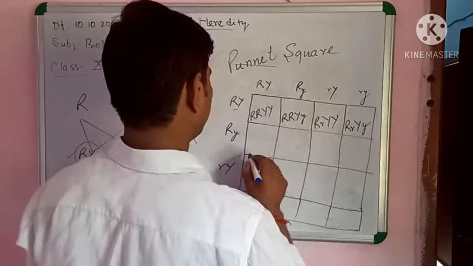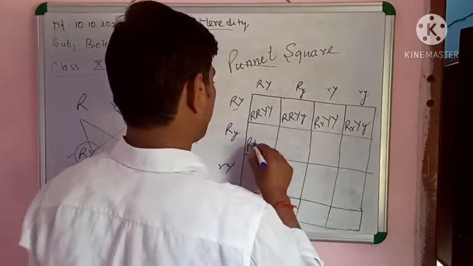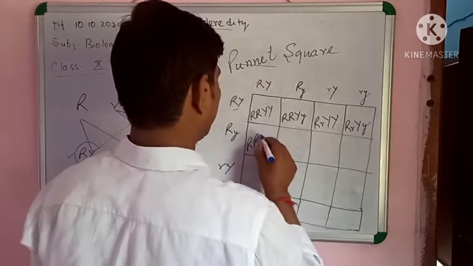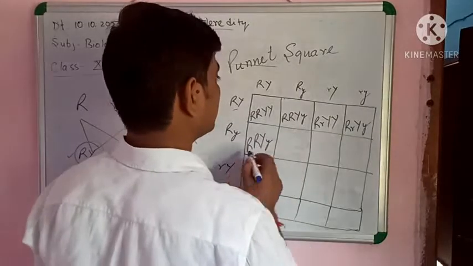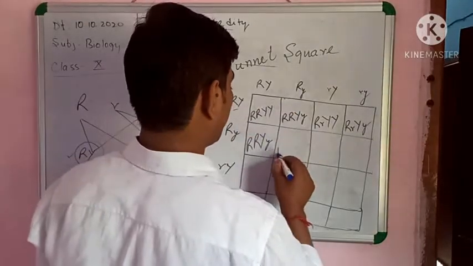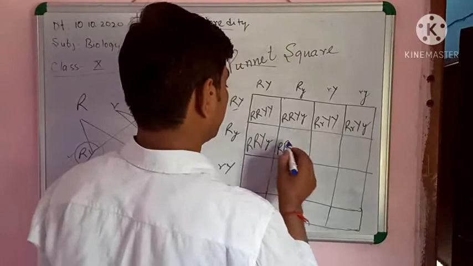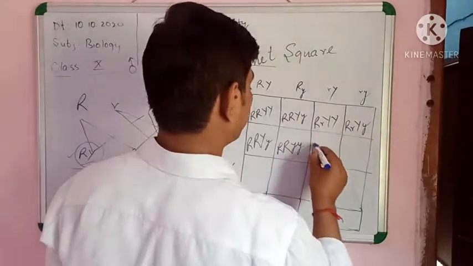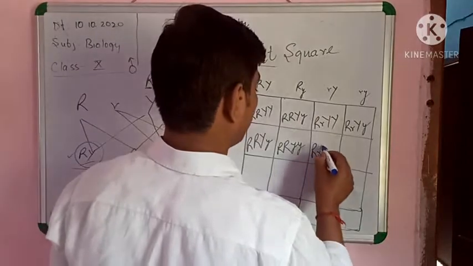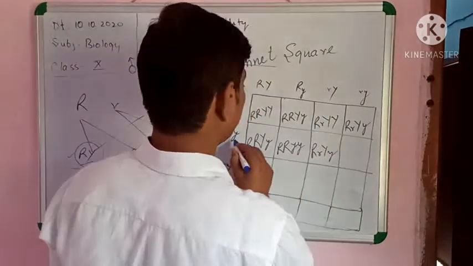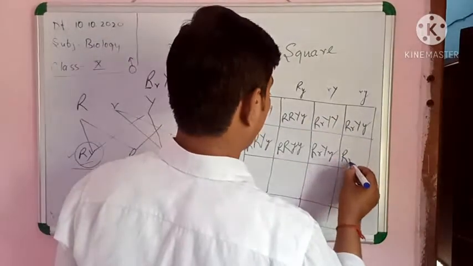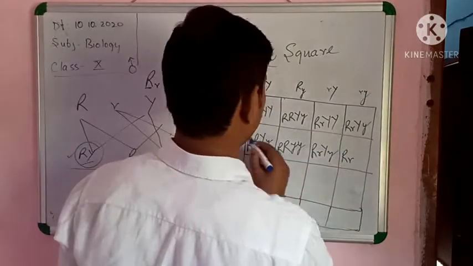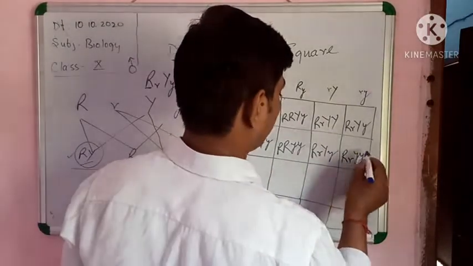Again, this will form capital R, capital Y, small y. Similarly, capital R, small y. This will be capital R, small r, capital Y, small y. This will be capital R, small y, small y.